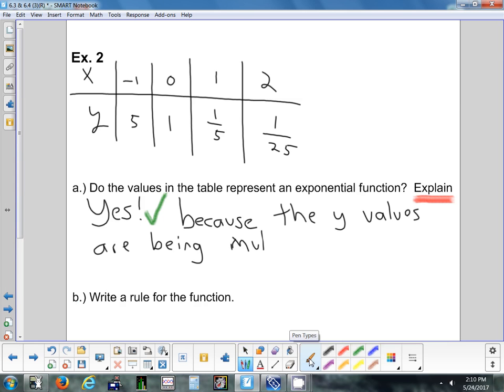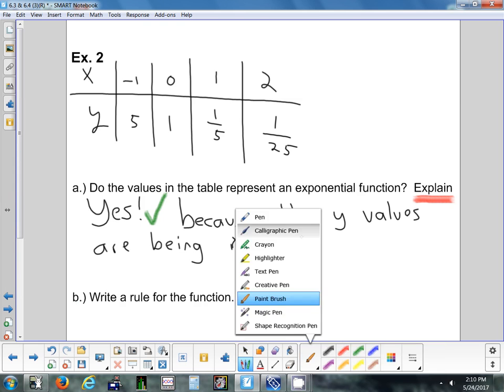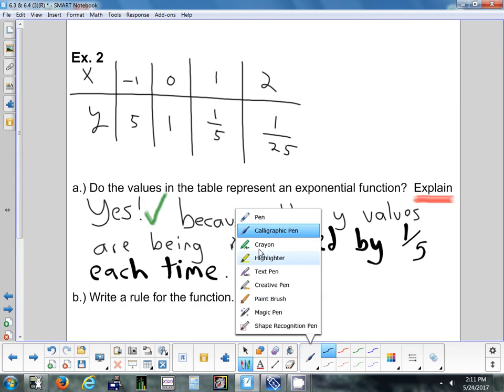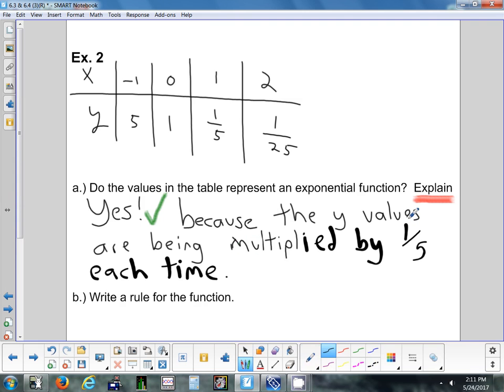Multiplied. All right? So yes, because the y values are being multiplied by 1/5 each time.